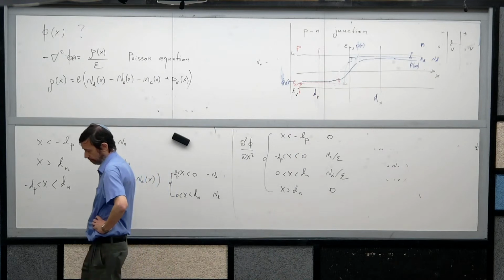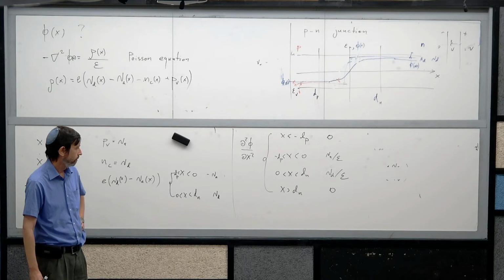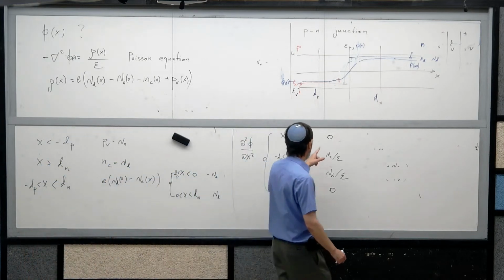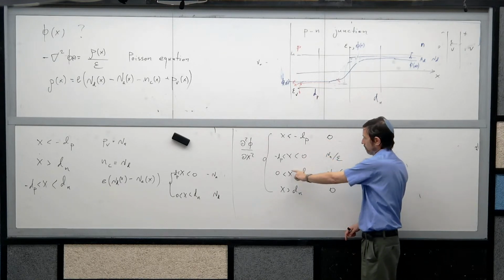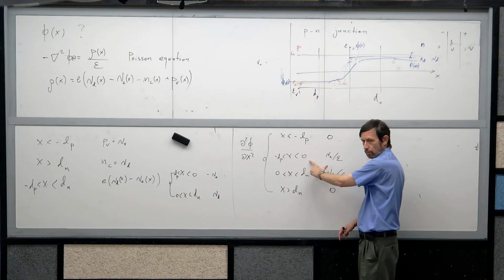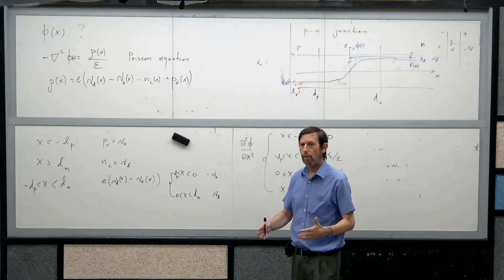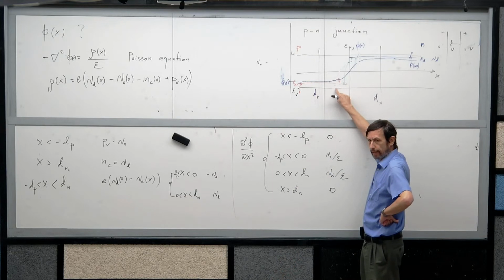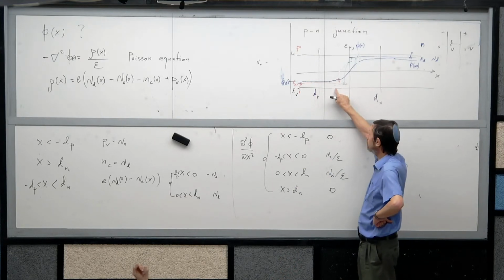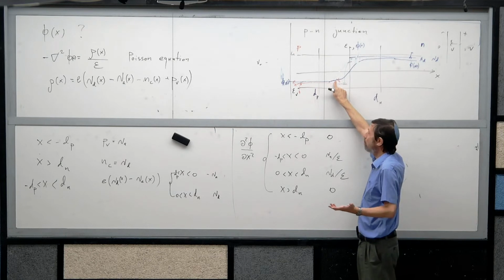Okay? Excuse me, so why between minus d_p and d_n we don't have the minus N_C plus P_V term? Because I told you that almost all the electrons come from the donors. You're telling me, hey, you forgot that an electron from the conduction band can skip here, right? That's P_V. I tell you, why should I care?